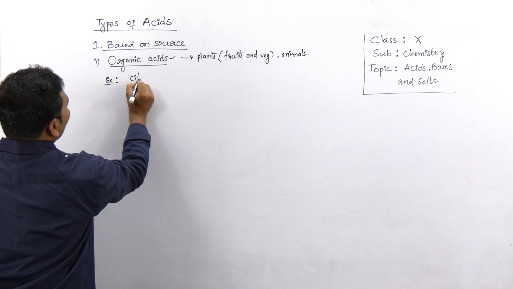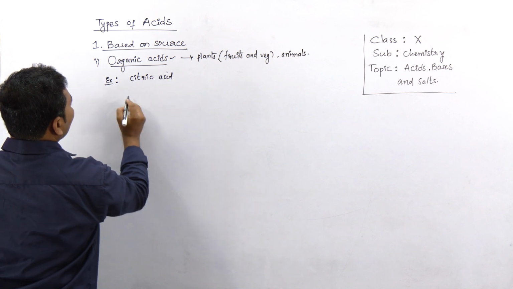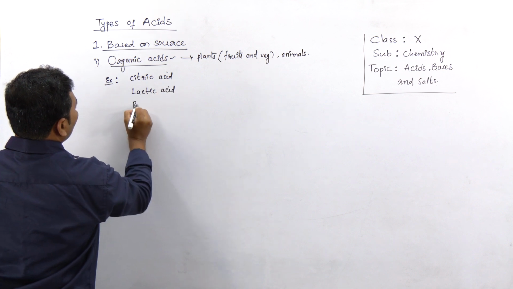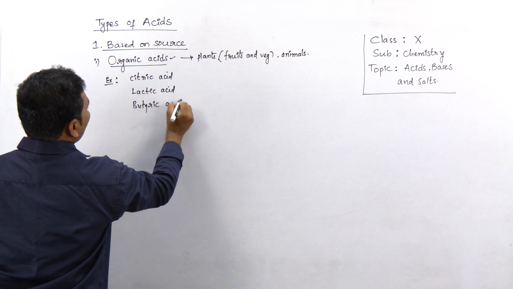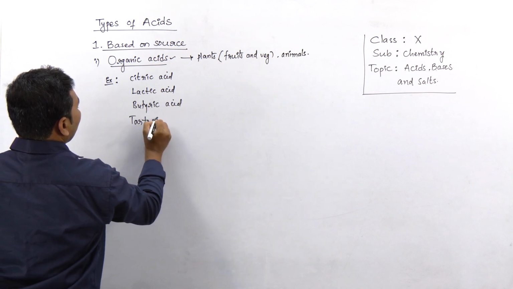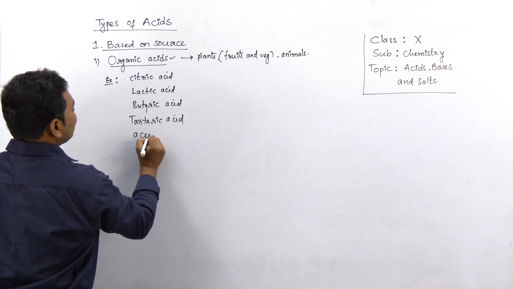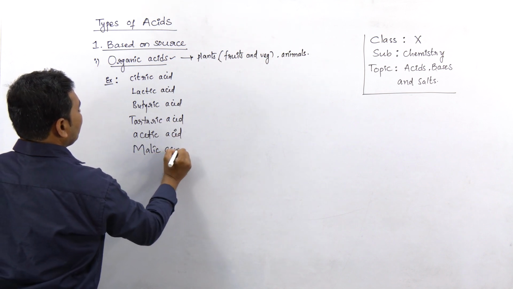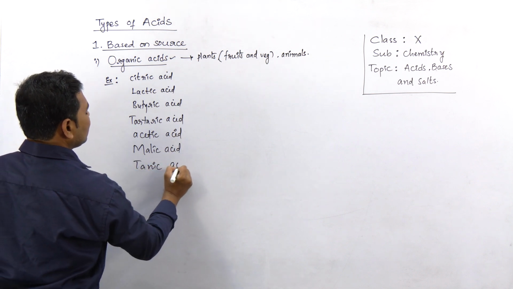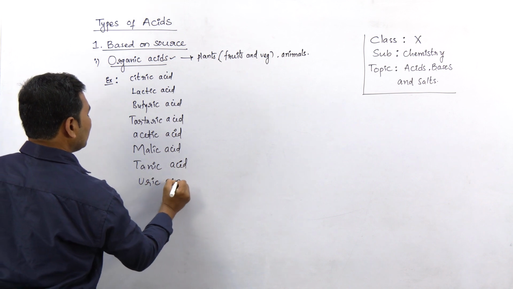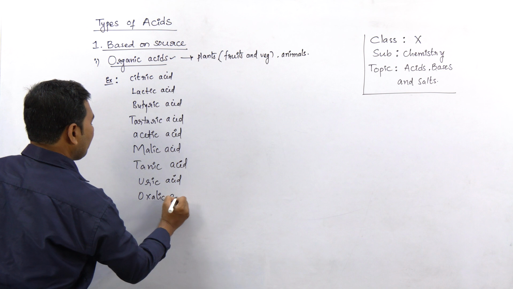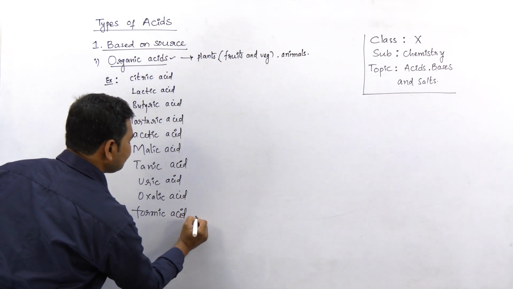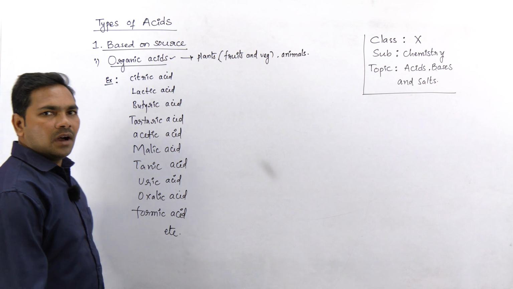We say citric acid, lactic acid, butyric acid, tartaric acid, acetic acid, malic acid, tannic acid, uric acid, oxalic acid, formic acid, etc. These are the examples of organic acids.